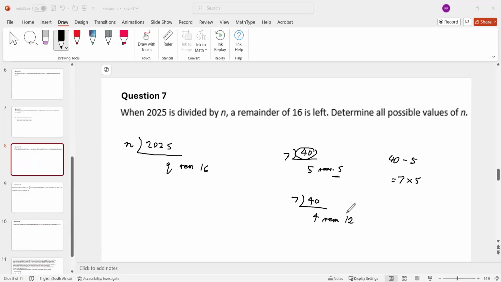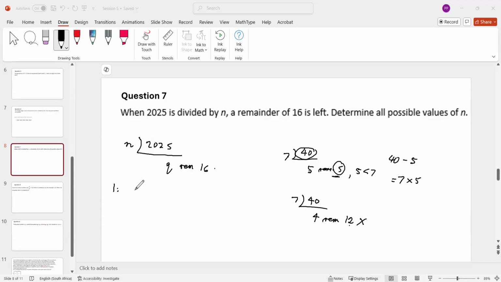But we don't stop there because there is still a 7 inside this. We keep taking out the 7s until you cannot take 7s anymore, which is the same as saying that the remainder is always smaller than 7. This 5 must be smaller than 7. Here, you're not allowed because 12 is not smaller than 7. You can still continue to take out another 7 from here. So, bearing that in mind, it means that we have two things here.